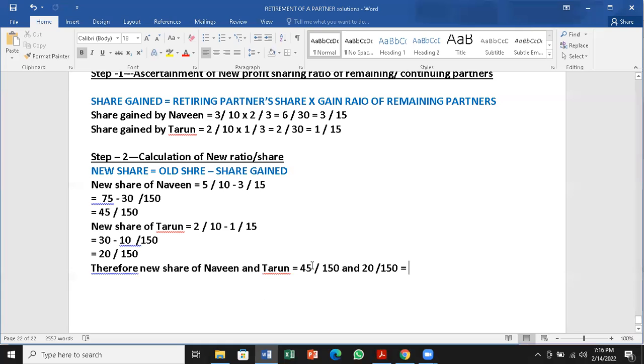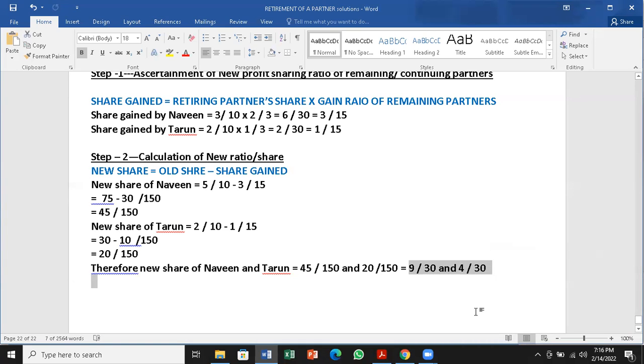If it is 5, it means 9 by 30 and 4 by 30. Can we divide further?